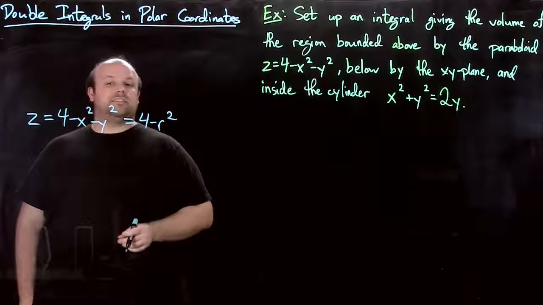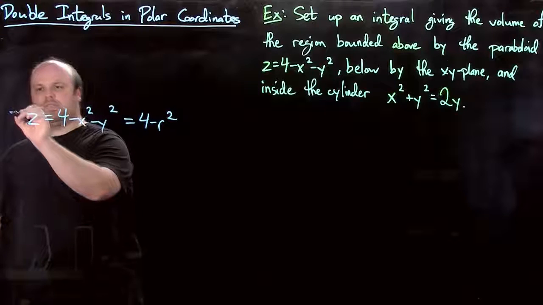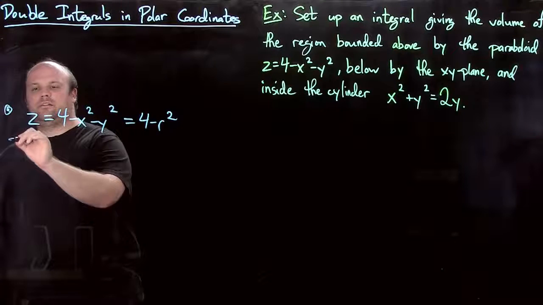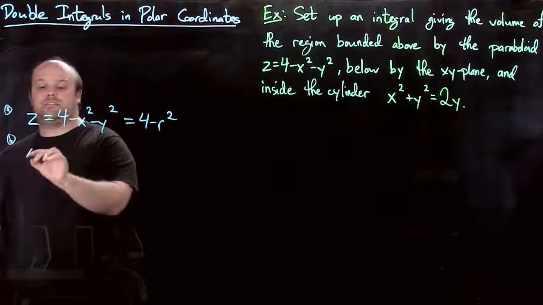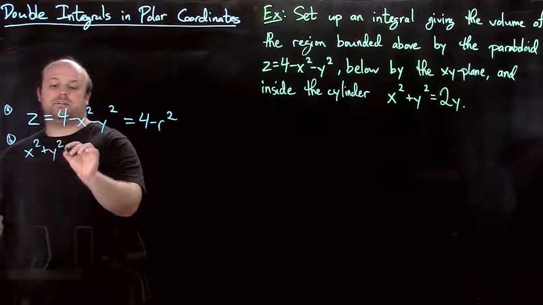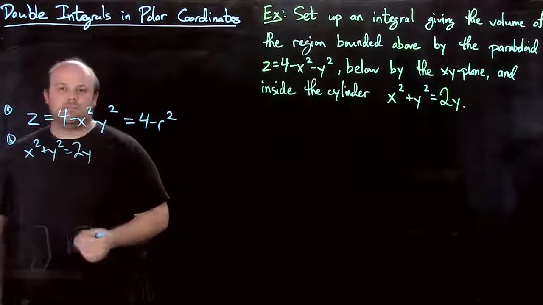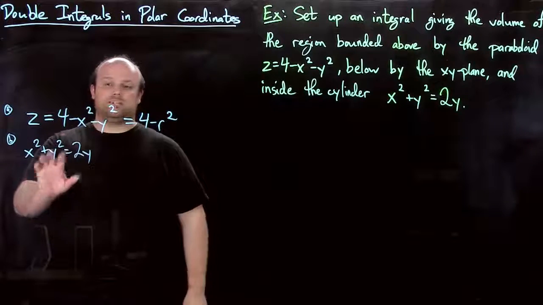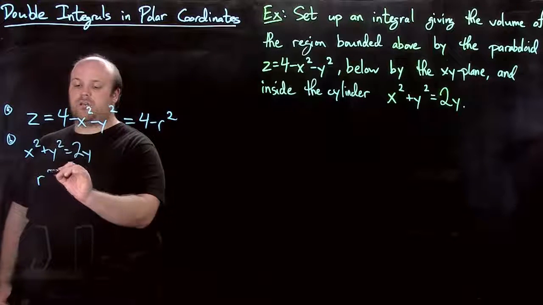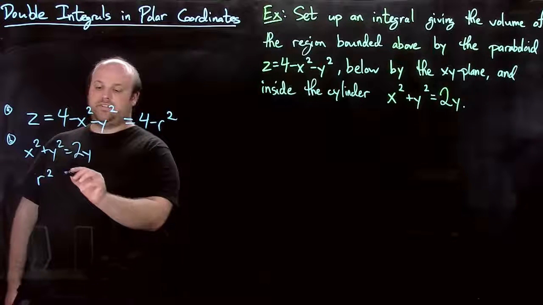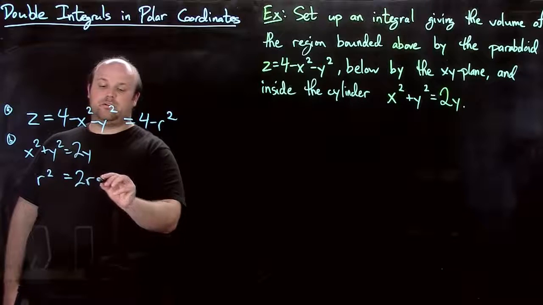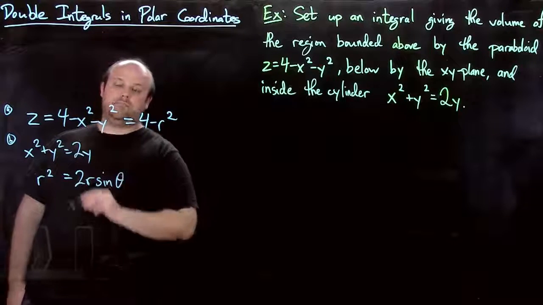And what about the cylinder? The cylinder is x squared plus y squared equals 2y. Well, x squared plus y squared is still r squared, but 2y is 2r sine theta.